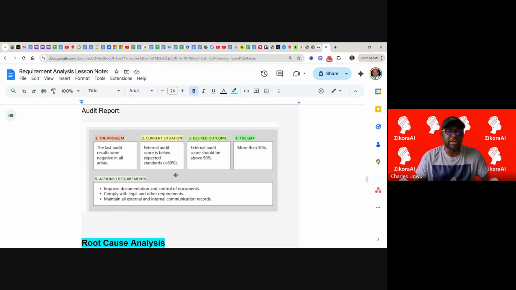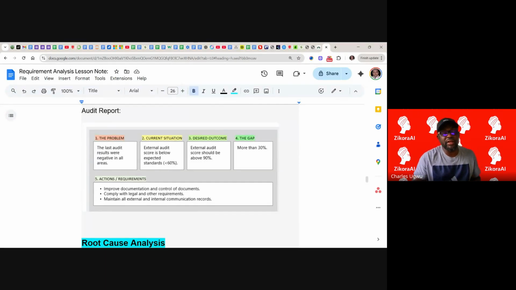Looking at this audit report, you see the gap here is 30%. This is a big opportunity for improvement. So if they work hard to fill this gap, it means the company has improved by 30%. Their standard has improved. You can apply this in so many areas.